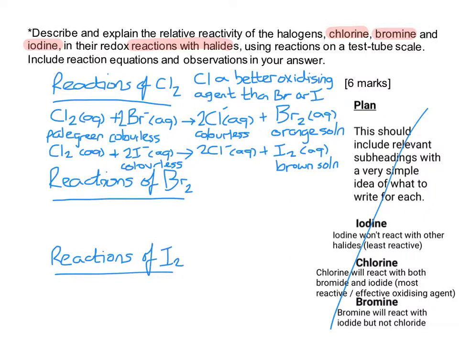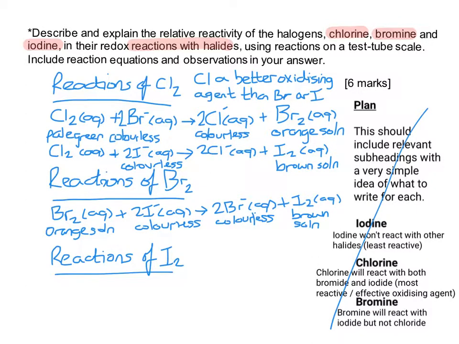So you can write the 2 equations, making sure you've got state symbols, and put the observations under each species, so it explains what the observations mean. And you can explain the whole thing by saying chlorine is a better oxidizing agent than bromine or iodine. You can write it bromide or iodide if you wish, but it makes the same point.